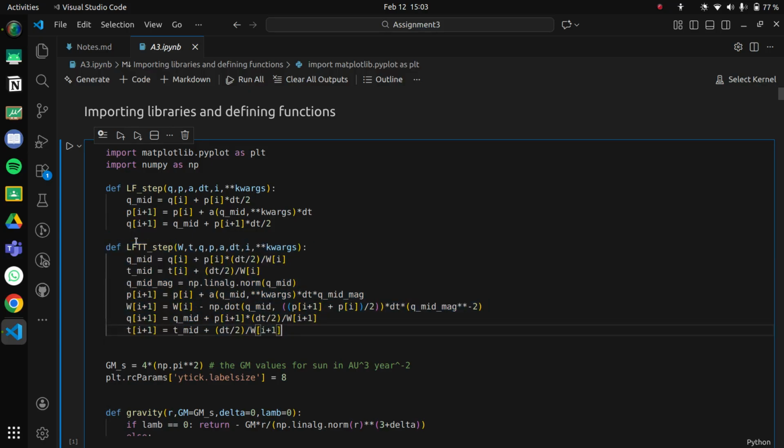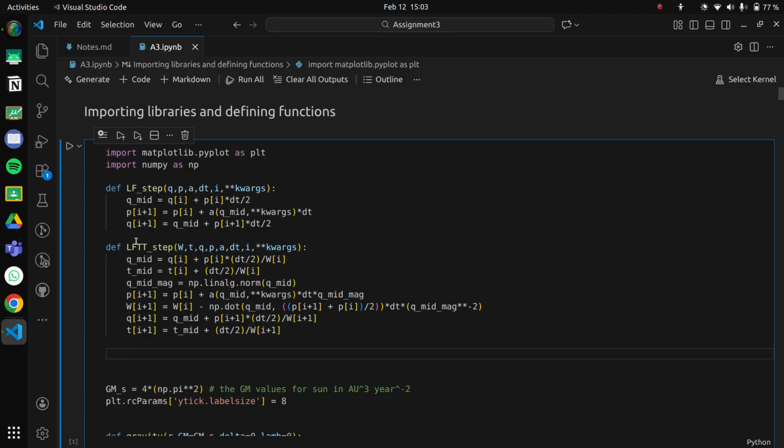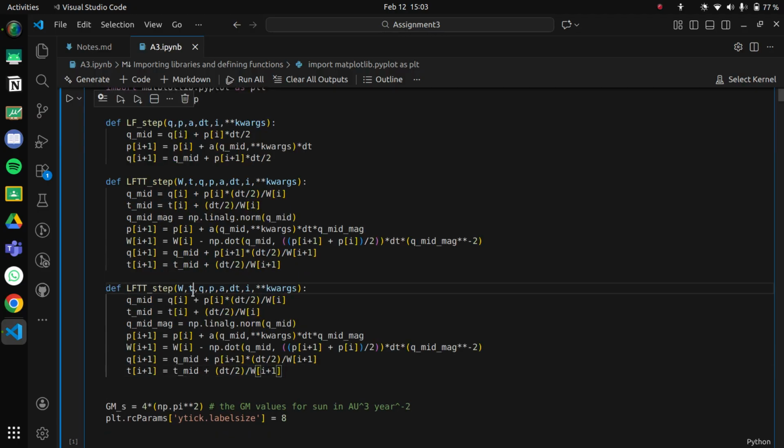So I'm just going to do, so this is going to be not leapfrog time transform, so it's leapfrog adaptive step. Adaptive step, I think, yeah, that's a good name. So we don't need a W because we're not doing it that way now.